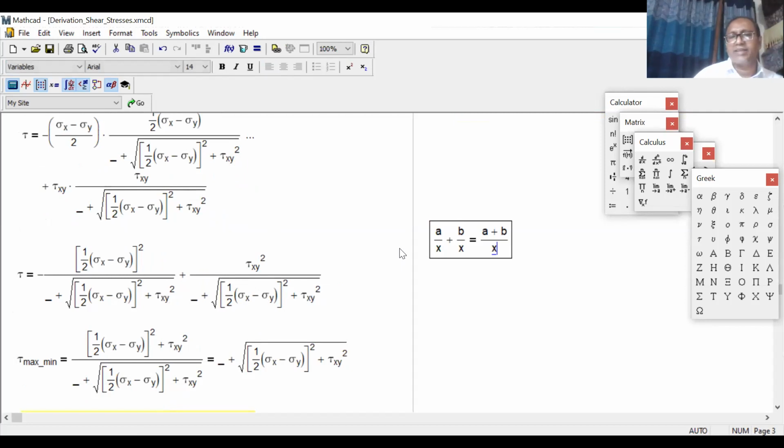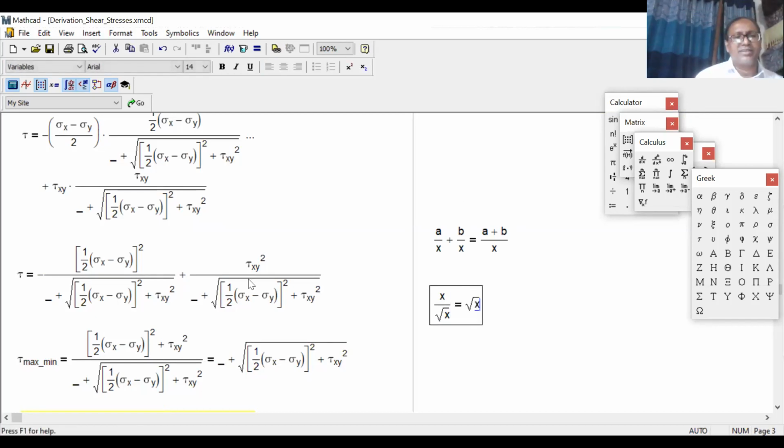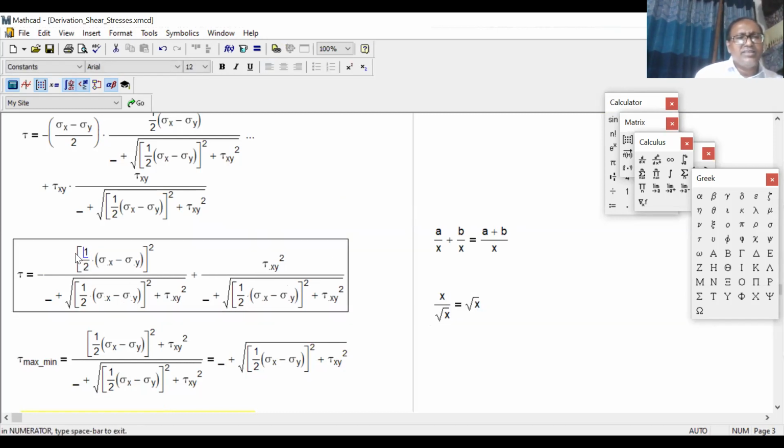That you will get, right? And the next line, if you look carefully, in the top what you are getting, in the top you have x, in the bottom you have root over x. So this result you will get equal to root over x. So you see right over here, this is say b square, this is say a square.